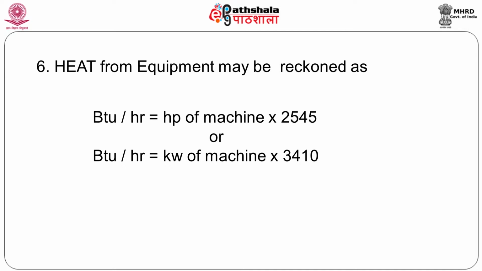If you know the kilowatt of the equipment, multiply it by 3410. I am quite sure all of us know that 0.746 kilowatts is equal to 1 HP, which is what you see in the relation between 3410 and 2545 on your slide. It is exactly the same relation of 0.746 to unity.